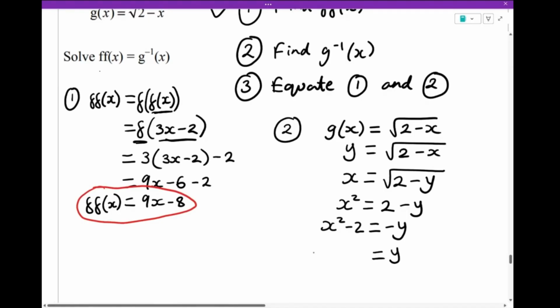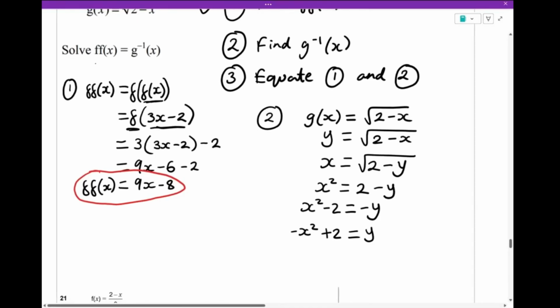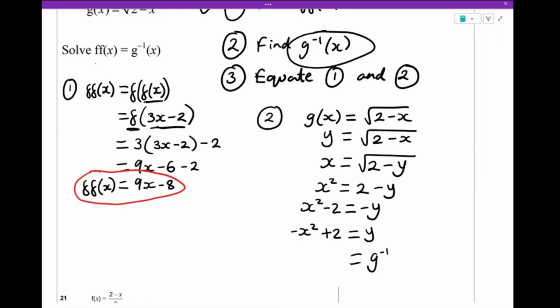So y is equal to negative x squared plus 2 like that. Then I've pretty much found my inverse function. I just need to replace the y with the inverse function notation, which in this case is the inverse of g of x. So we're going to write inverse g of x is equal to negative x squared plus 2. So that is step 2 complete. I'm just going to put a tick here.